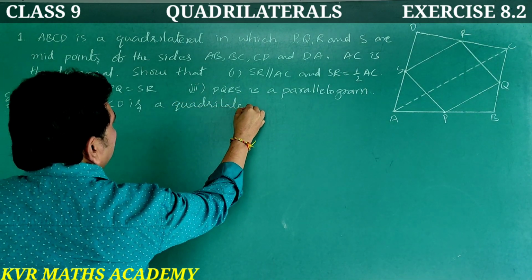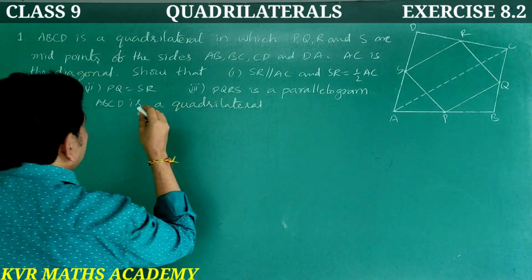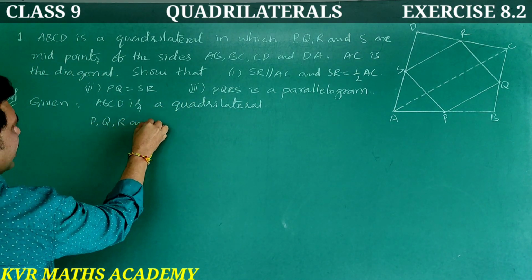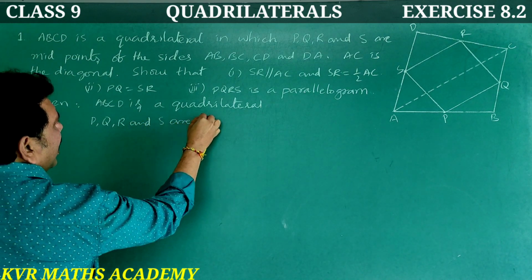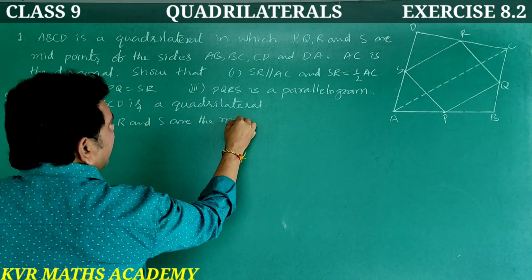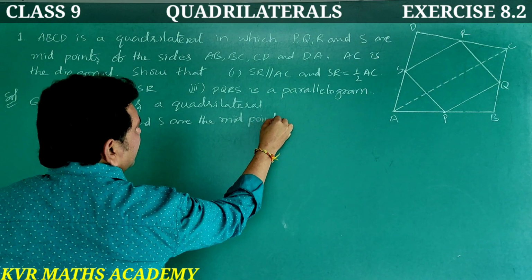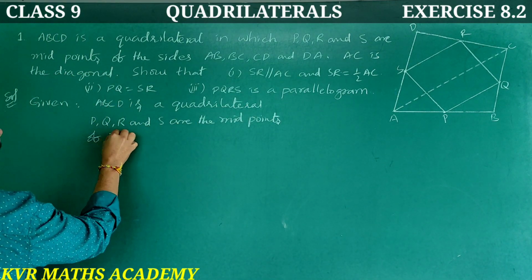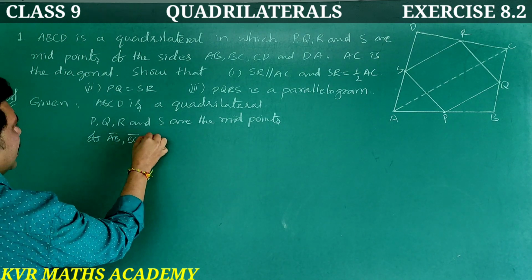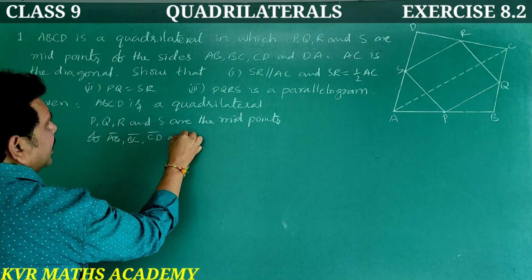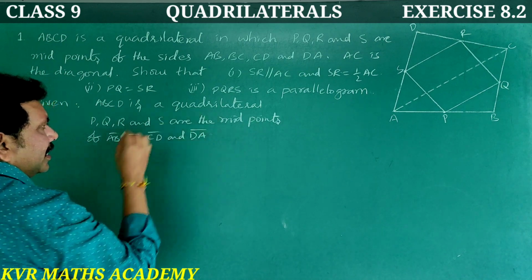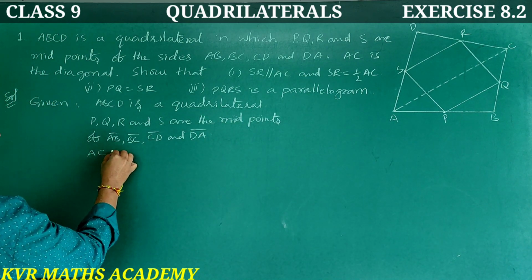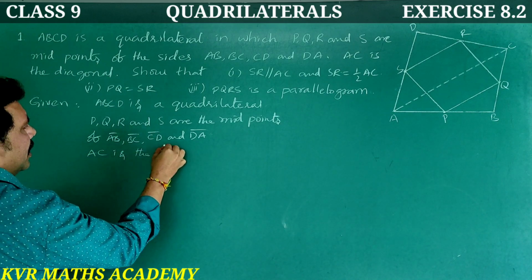Next, P, Q, R and S are the midpoints of AB, BC, CD and DA. Next, AC is the diagonal.